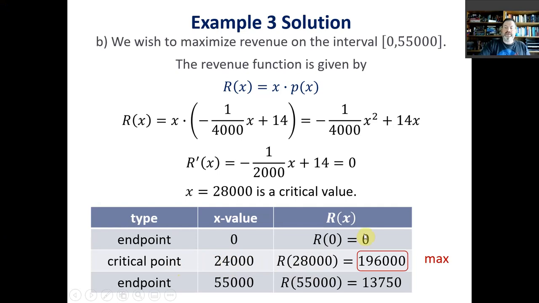And you can see that the maximum revenue comes from when X is 28,000. That's no surprise, right? If nobody comes to the ballpark, it doesn't matter what the ticket prices are, right? And so you can plug it back in the original equation and see what happens.